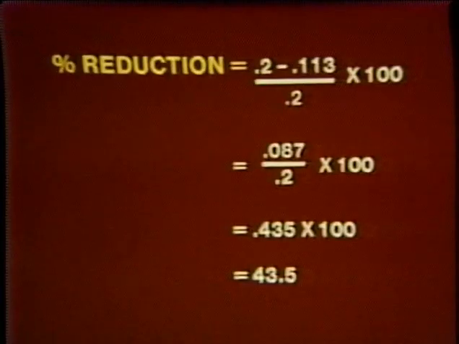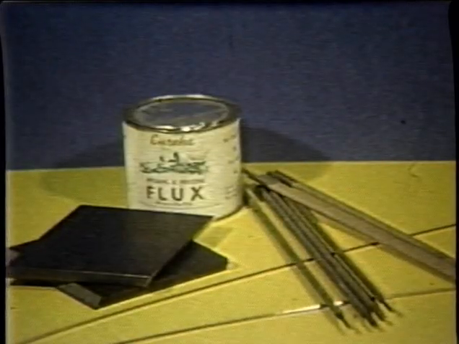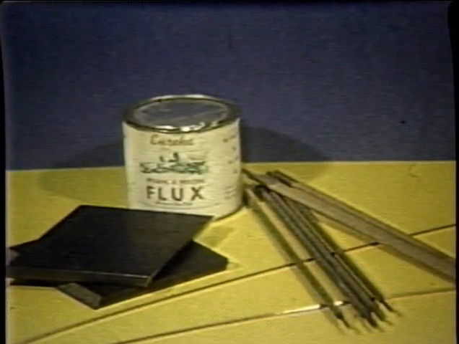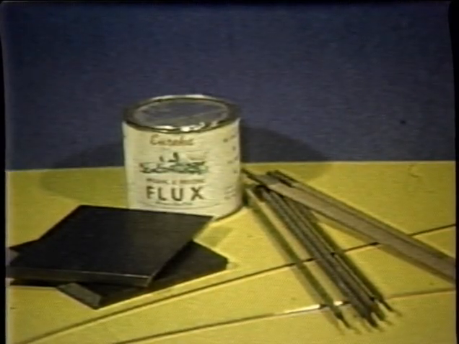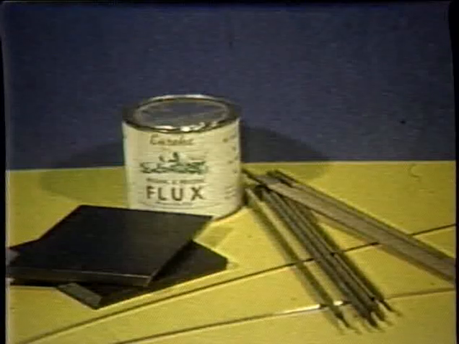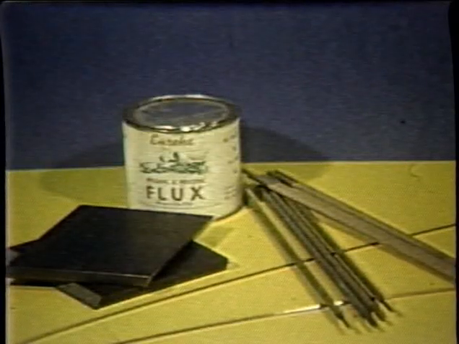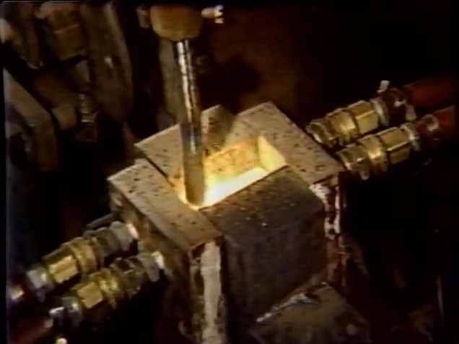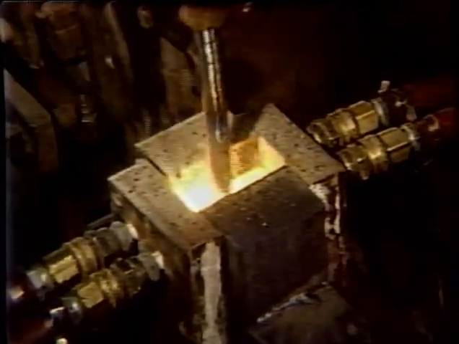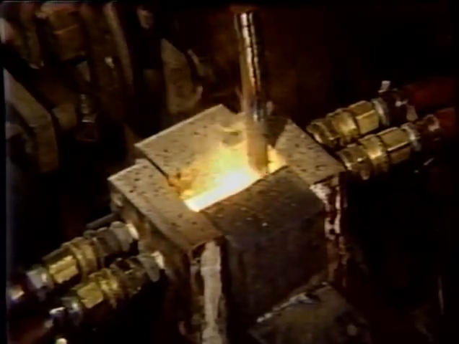Again, a higher percentage indicates greater ductility. The all-weld metal tensile test is most commonly used to specify and classify welding consumables. However, some welding codes also require this test to qualify procedures using special processes, such as electroslag or electrogas welding.